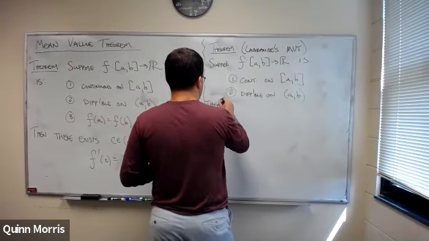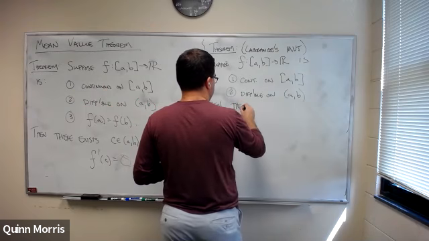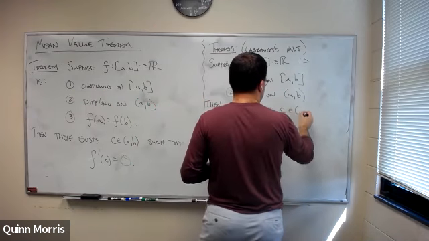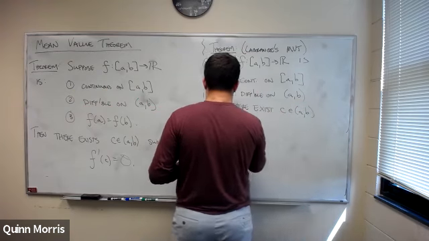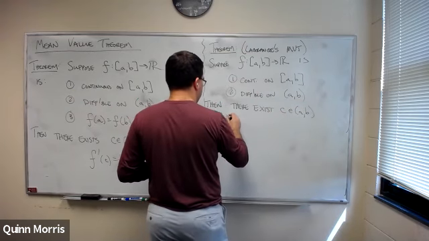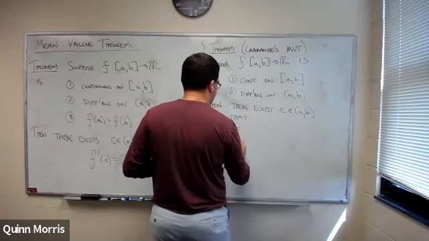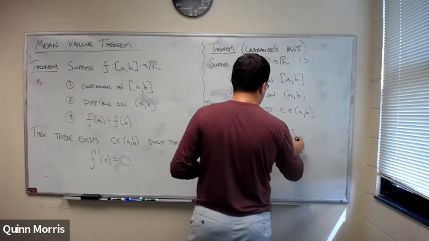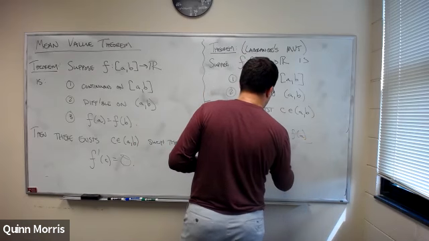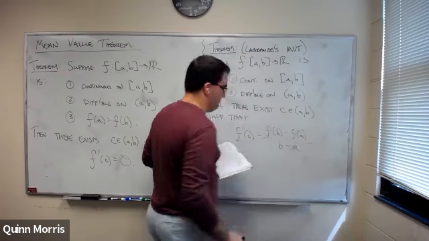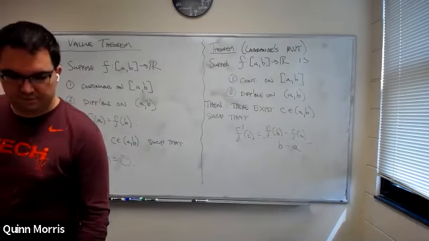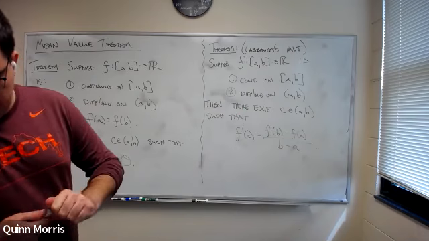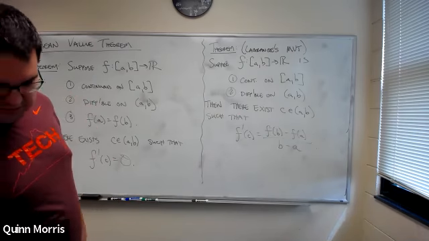Then there exists c in the interval (a, b) such that f prime of c is equal to f of b minus f of a over b minus a. All right, so again, nothing surprising here, but let's actually look at the proof.